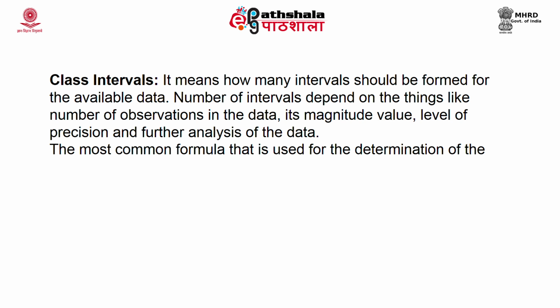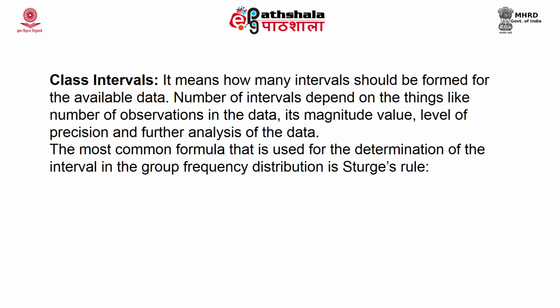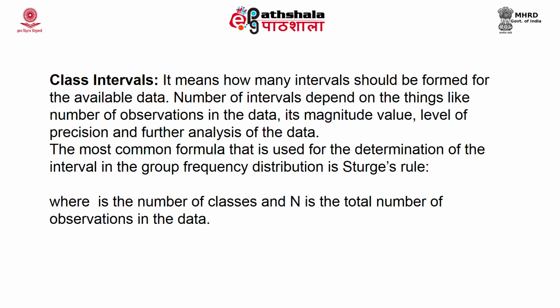The most common formula used for the determination of the number of intervals in grouped frequency distribution is Sturges' rule, represented as k = 1 + 3.322 log base 10 N, where k is the number of classes and capital N is the total number of observations in the data.